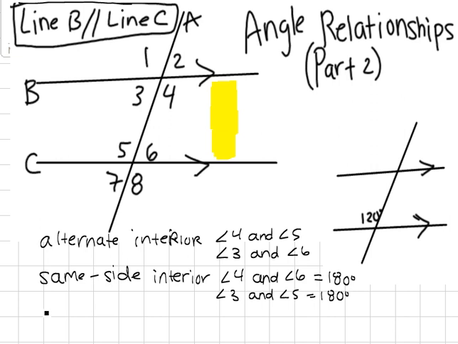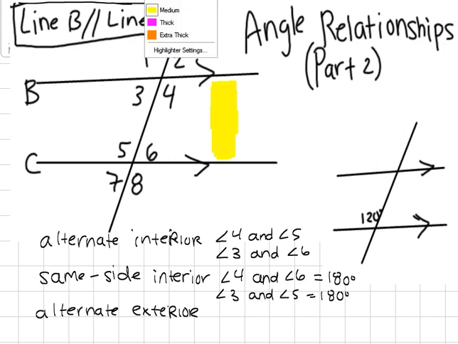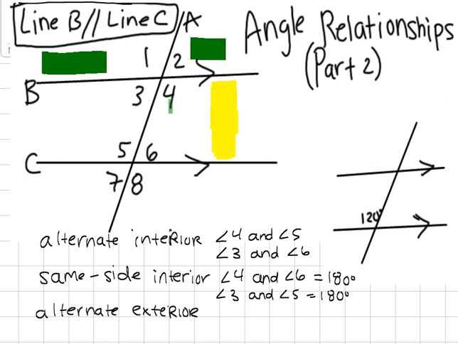We have also an angle relationship called alternate exterior angles. So now, instead of working on the inside of the parallel lines, we are going to work on the outside. So we're out on the exterior of the parallel lines.